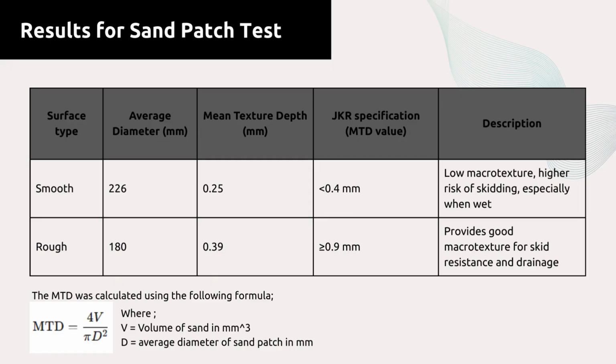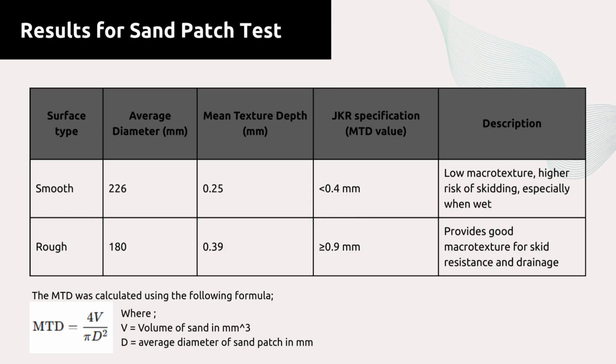The value does not fulfill the JKR specification due to the small volume of sand, because it limits the ability of the sand to fill the voids and represent actual pavement macro texture. Overall, the results show a clear contrast between the two surfaces, where the smooth surface exhibited lower macro texture compared to the rough surface.